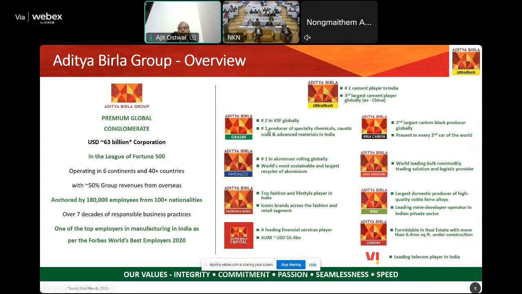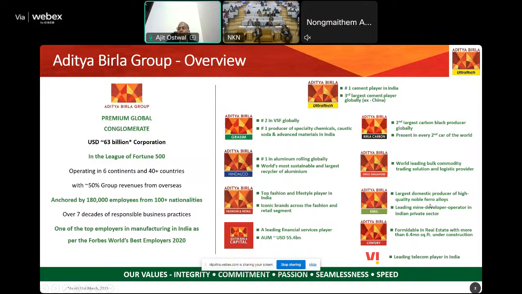Another business of Aditya Birla Group is that we are second in viscose staple fiber globally and number one producer in specialty chemical, caustic soda, and advanced material in India. Hindalco, our other group company, is the number one in aluminum rolling globally and the world's most sustainable and largest recycler of aluminum. In fashion and retail, we are a top fashion retail lifestyle player in India. Aditya Birla Group is also a leading financial service player, second largest in carbon black producer, and Swiss Singapore, our world leading bulk commodity trading solution and logistics provider.